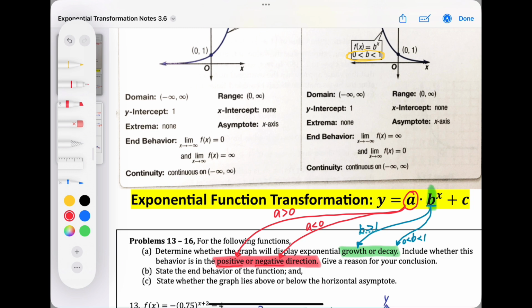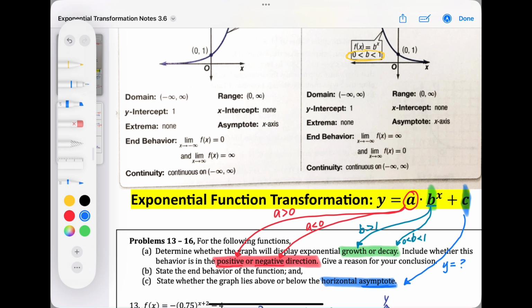And then I also remember we talked about the C value. As you can see here, the very last number is my C value. The C value indicates my horizontal asymptote. And what do we know about this guy? This guy tells me y equals what? AKA my horizontal asymptote, the invisible line.